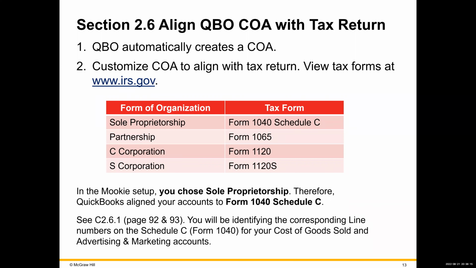Because you were good students and you're here watching this video. Well, cost of goods sold, if you look on page 93, that's line 4. And it's going to ask you, where's the line item on the Schedule C for advertising and marketing? Well, that's line 8. Guess what? I just did your homework for you.